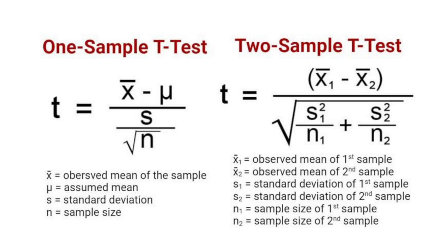The assumed mean may come from the hypothesized value. Then divide by the standard deviation of the sample over the square root of the sample size. Then for the two sample t-test, we have the mean of one sample minus the mean of another sample divided by the square root of the combined terms.